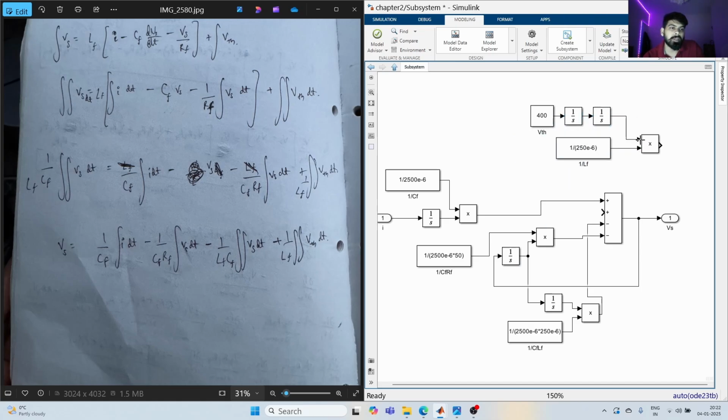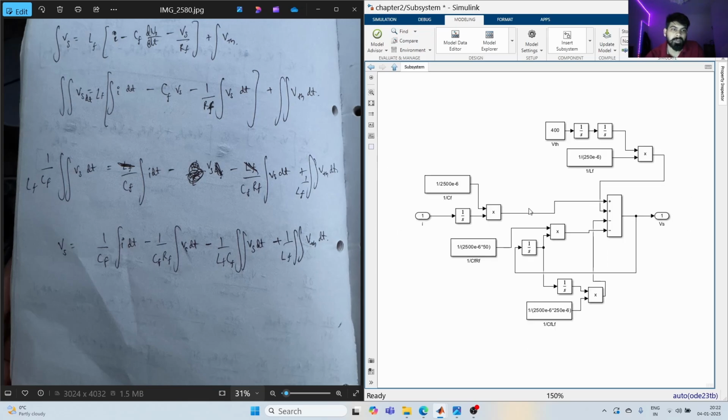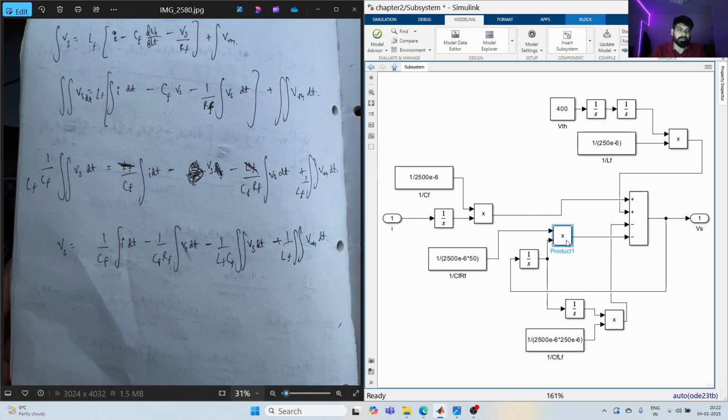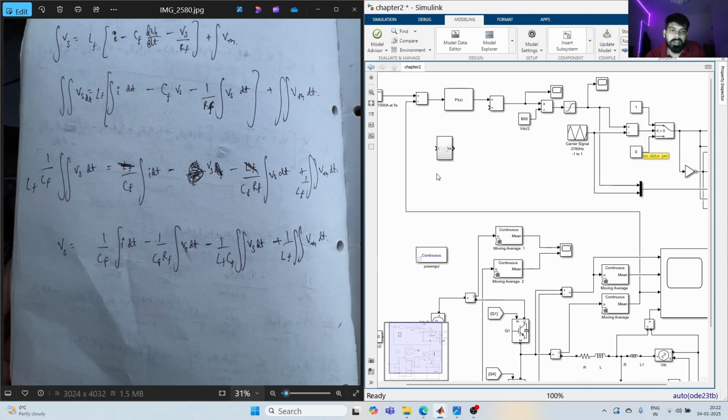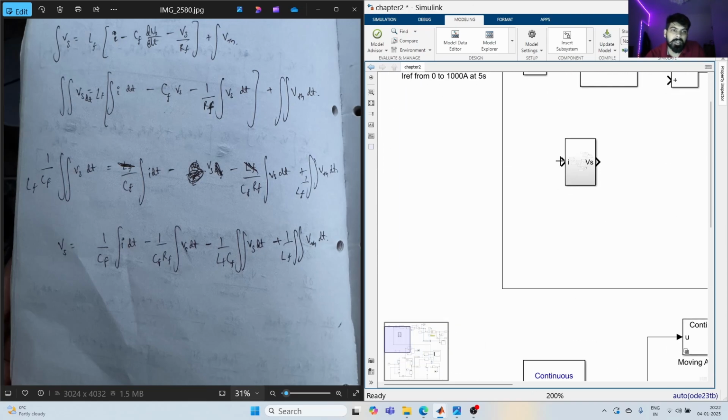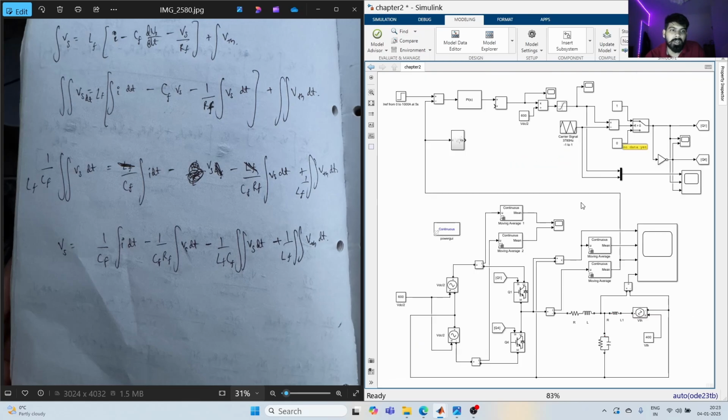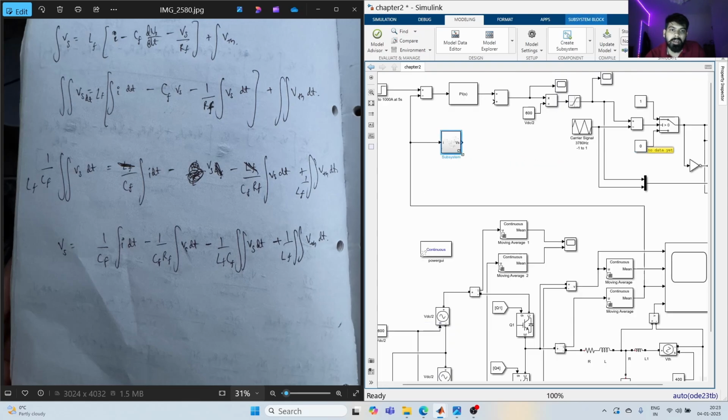Double integral of VTH and goes to positive. Yeah, done. So this is our Vs and this is our current. Current is the measured current, so we'll put it here, and then we'll have Vs added to here.